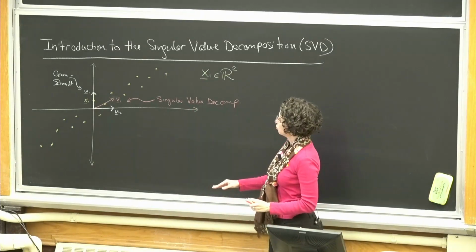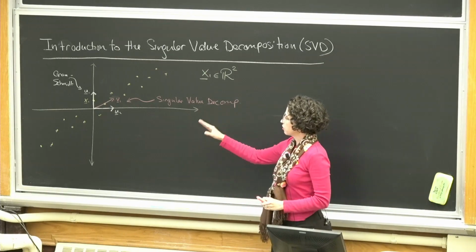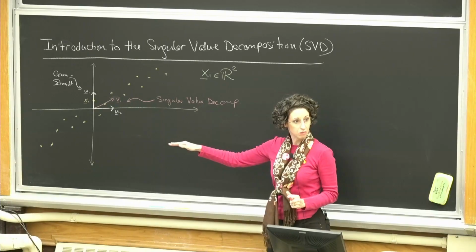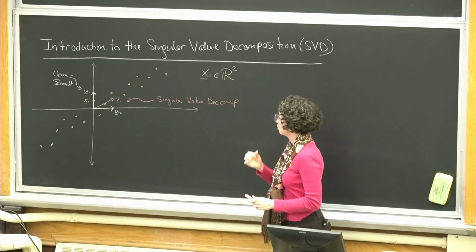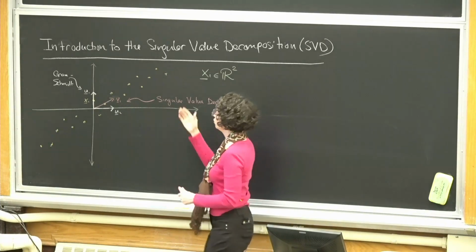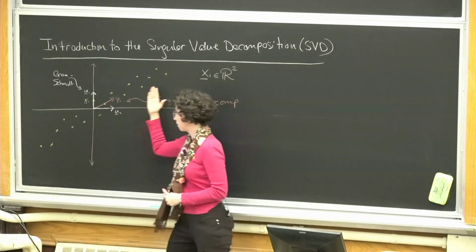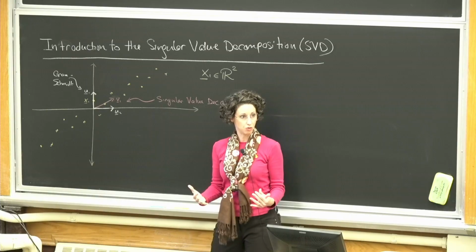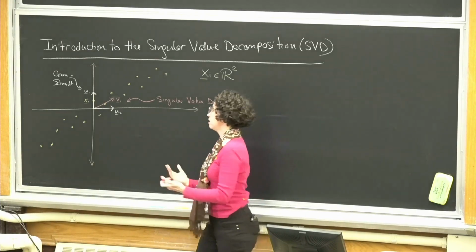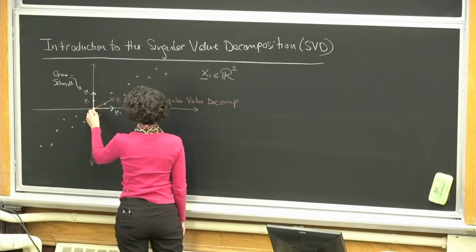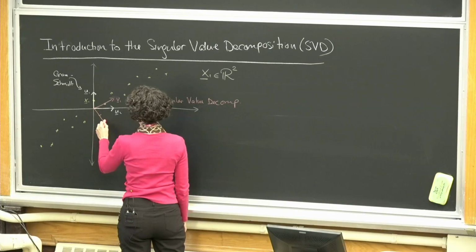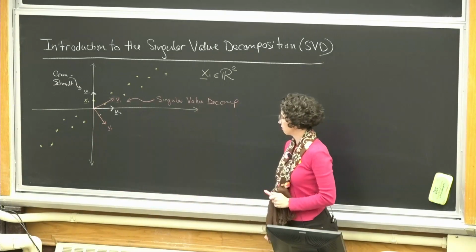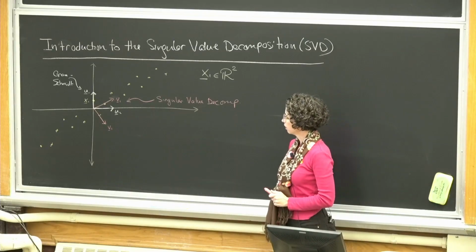And it is going to vary in the direction of maximum variation among the data points. So this is going to correspond to, if we were to find a one-dimensional subspace that fits our data, which one is closest to our samples. And then the next basis vector is going to have to be the same length and orthogonal to that. And so we might have a vector V2 that looks like this.